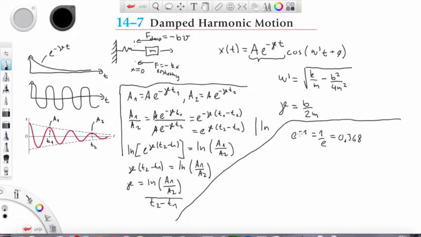For this condition to be fulfilled, we see that gamma times t must equal 1. And solving for t, we get 1 over gamma, which is usually denoted by Greek letter tau. And this is called the time constant of the decay. You'll get to practice this in your homework.